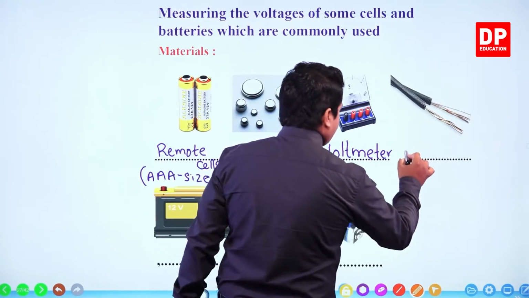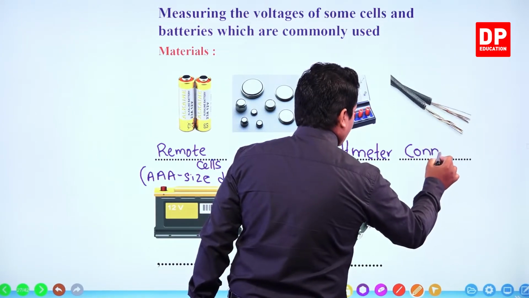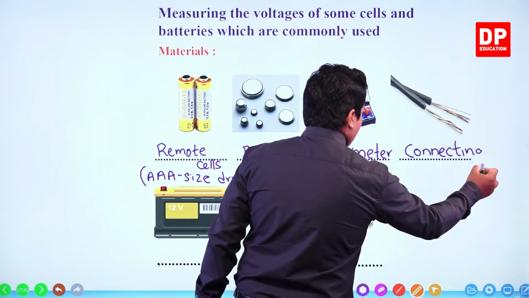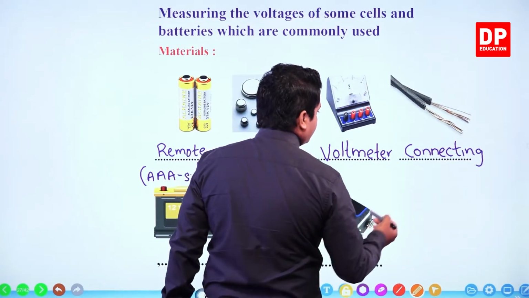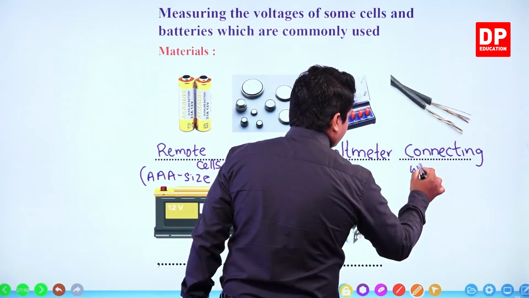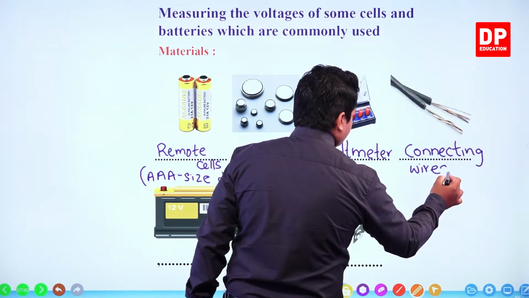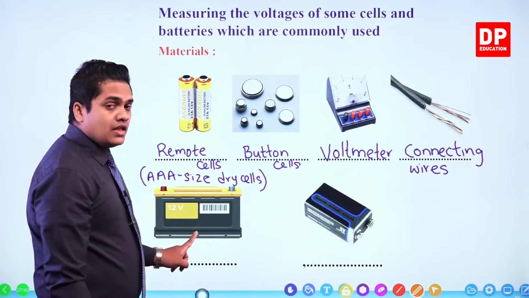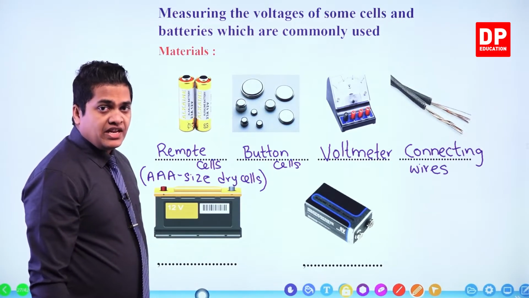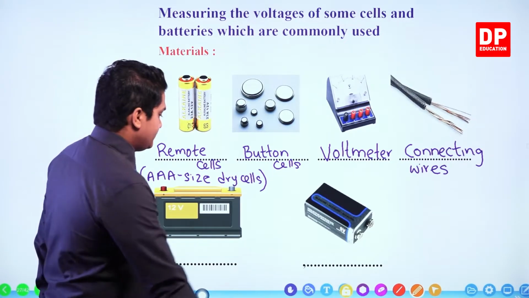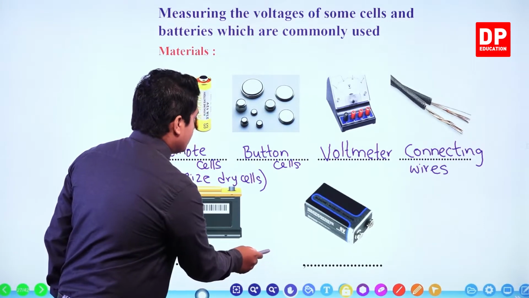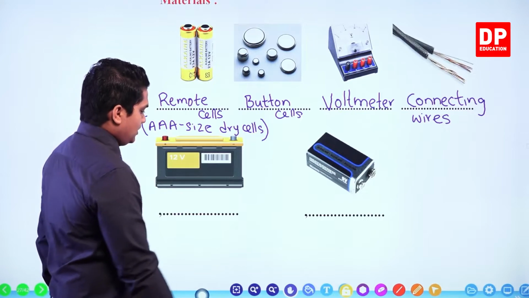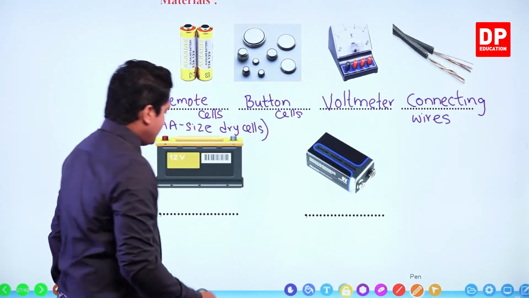Then definitely you will be needing a voltmeter, then connecting wires to connect the circuit. Then this is called the lead acid accumulator or the battery.